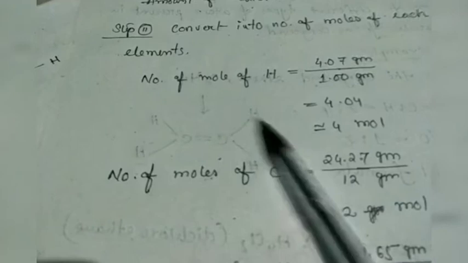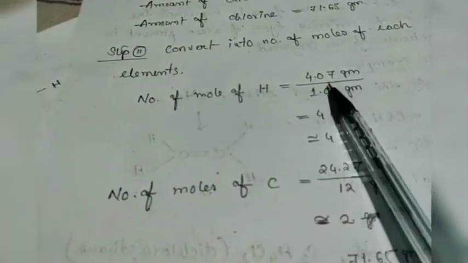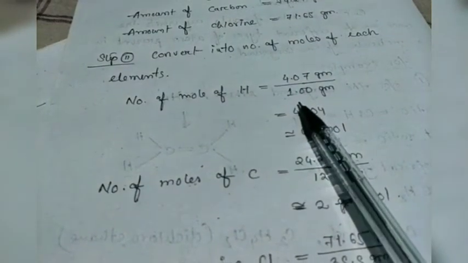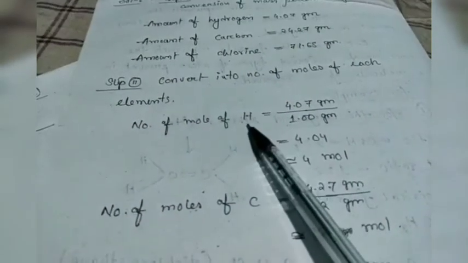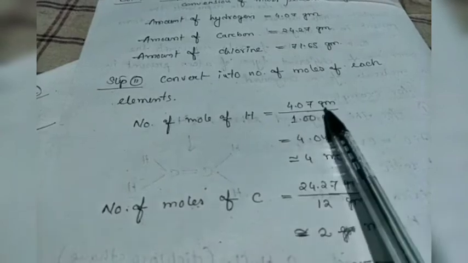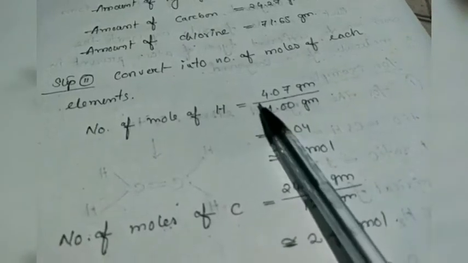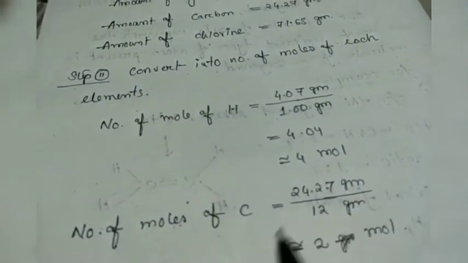Next step, it should be converted into number of moles. Number of moles means weight divided by atomic mass. The amount of hydrogen is approximately 4 gram, the atomic mass of hydrogen is 1 gram, so 4 by 1 is approximately 4 mole.